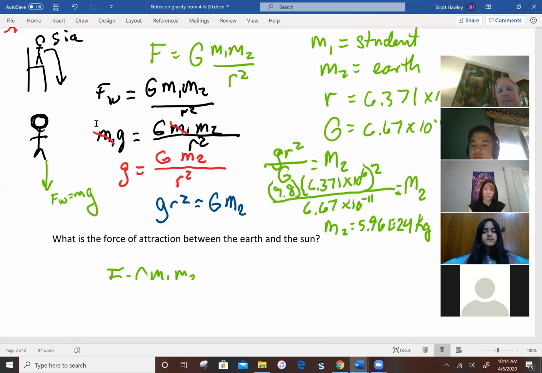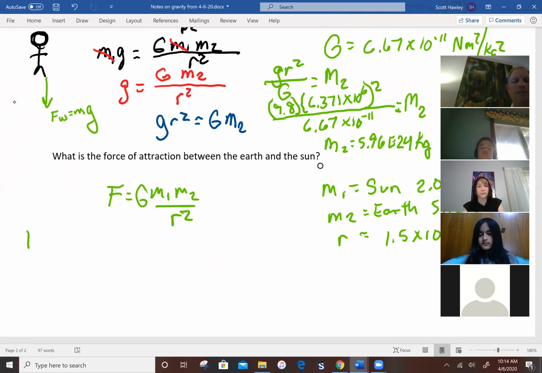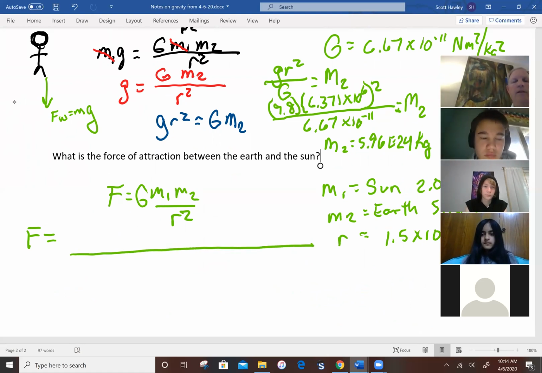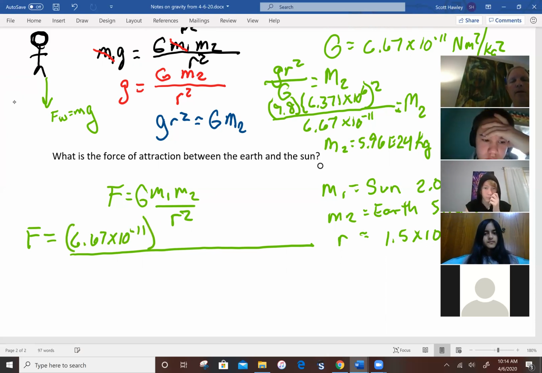Watch this. What is the force between the Earth and the sun? Okay? So there's some important details we're going to have to throw at you right here, that's going to be important for your assignment. Okay, watch this. The force between the Earth and the sun. Let's just fill in these numbers. G is 6.67 times 10 to the negative 11th. The mass of the Earth now.